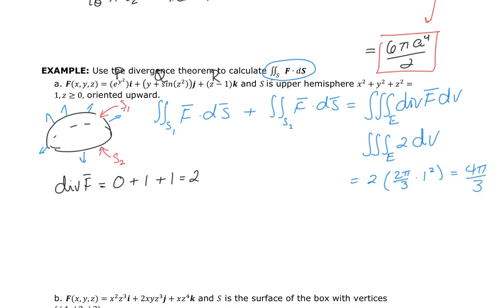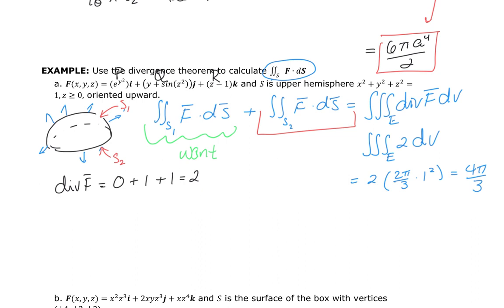Now, I do have to deal with this piece, because remember, this is my want. So I'm going to have to parameterize just that one surface, and then I'm going to subtract it from the other side, and then I'll have what I really want. Okay, so how am I going to do that? Well, I'm going to start by looking at what I have, and I basically have a disk on the XY plane.